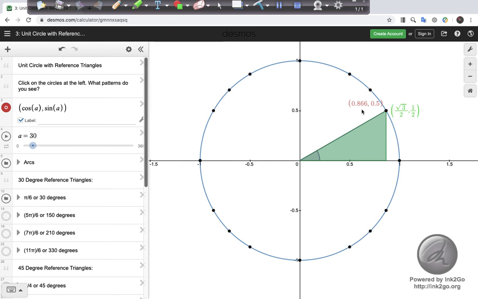So instead of having the calculator give you 0.866 when you ask about the cosine of 30 degrees, or pi over 6 radians, which also corresponds to the x position of this coordinate, you need to be aware that the cosine of 30 degrees is the square root of 3 over 2. That is the precise, irrational, exact value of that trig function.